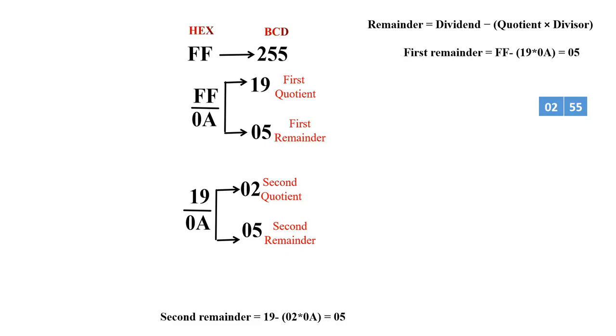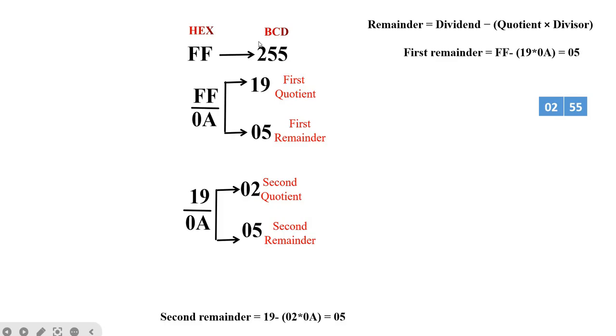We have taken the hexadecimal number FF, whose equivalent is 255. But we didn't get the answer directly. Instead we got the digits 02, then 05 and 05, which are required, that is 255. 255 consists of the digits 2, 5, 5.